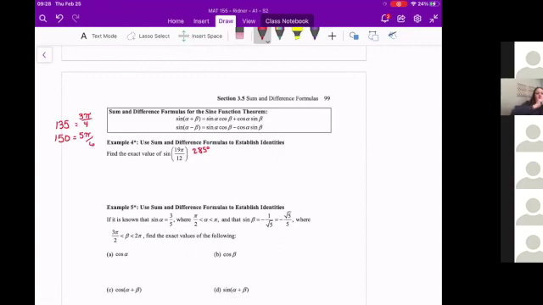Okay, so those are the radians of that, right? So when I write this, I should keep it in the same format.